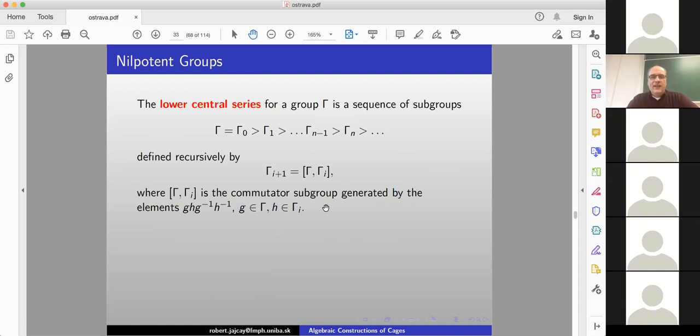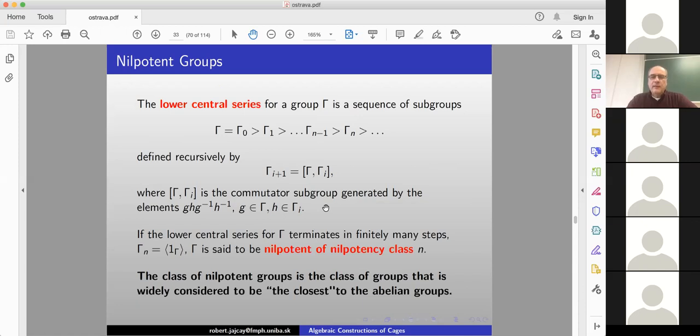This is not exactly what I'm doing on this slide. I'm considering the so-called nilpotent groups, and those are not all that far away from the abelian. In fact, they are often considered the closest groups to the abelian groups. The shortest lower central series for nilpotent groups is actually the abelian groups, and so this is, in a way, a generalization of the abelian groups.